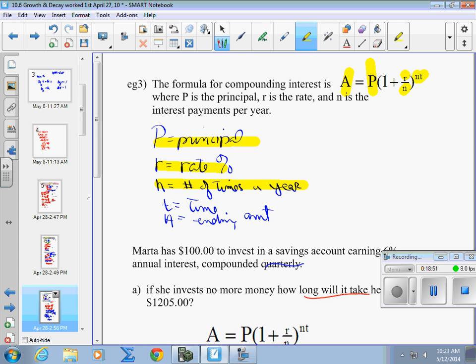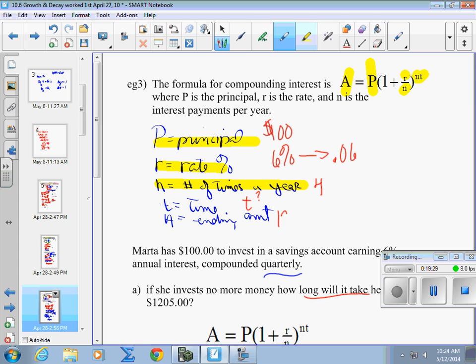And A is the ending amount. So it says Marta has $100 to invest in a savings account. That's the amount she's investing, $100. Earning 6%, that is the rate. You need to change to a decimal. Compounding quarterly means 4 times a year. The time is what we're looking for. We don't know that.